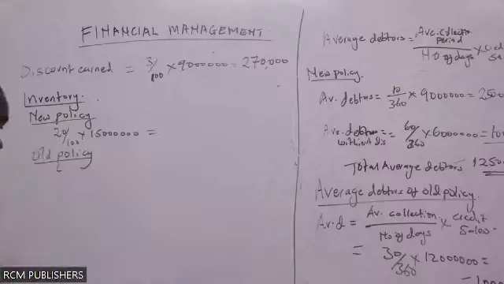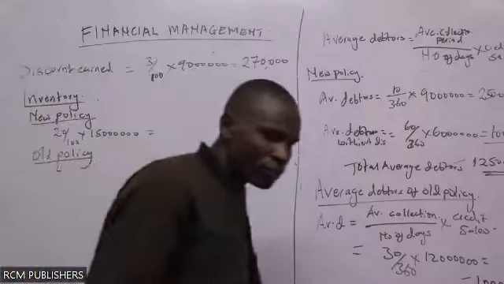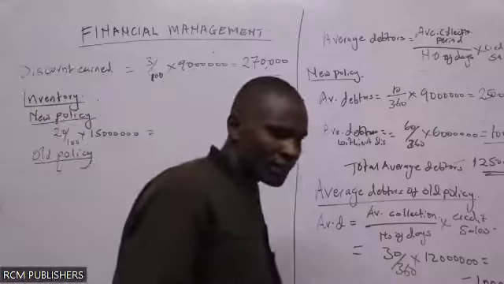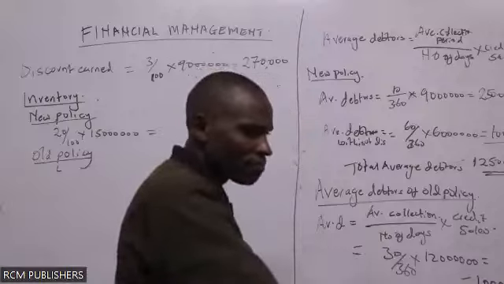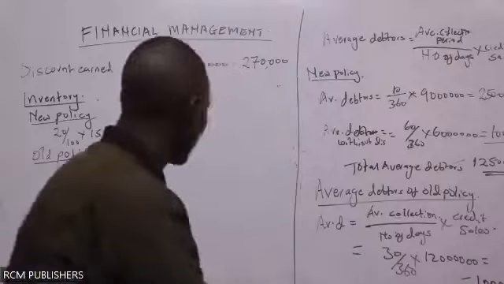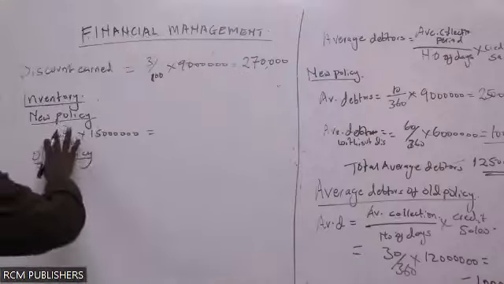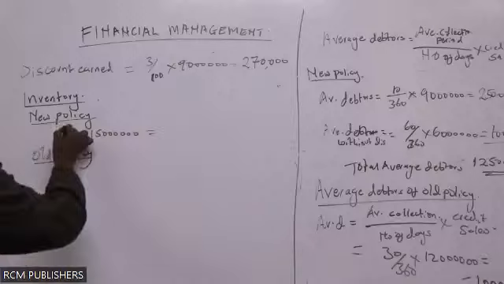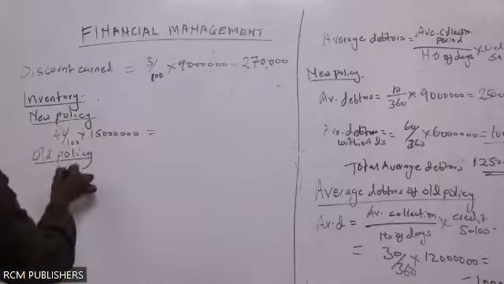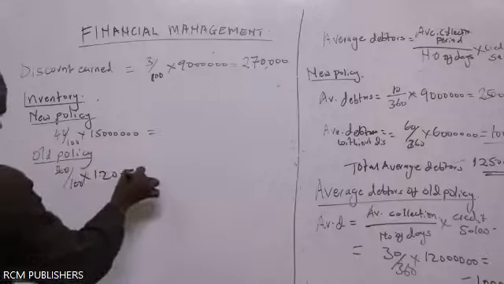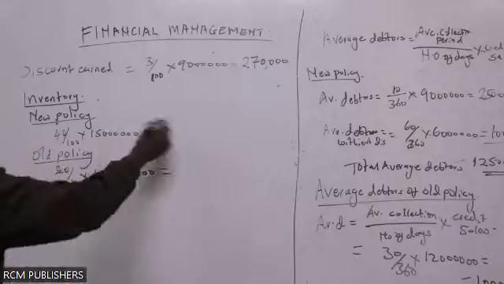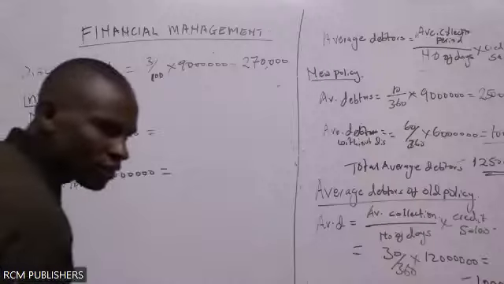Ni gani ya old na ni gani ya new? 20 over 100 of 12 million. So 20% over 12 million. So tunapata nini hapa na hapa?